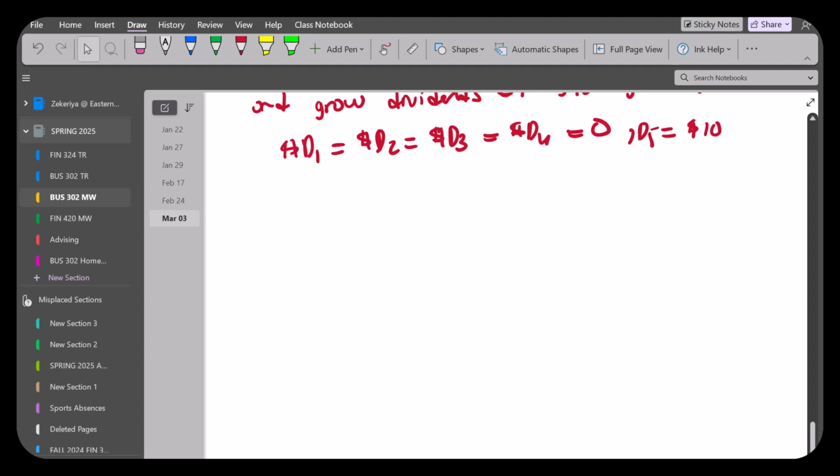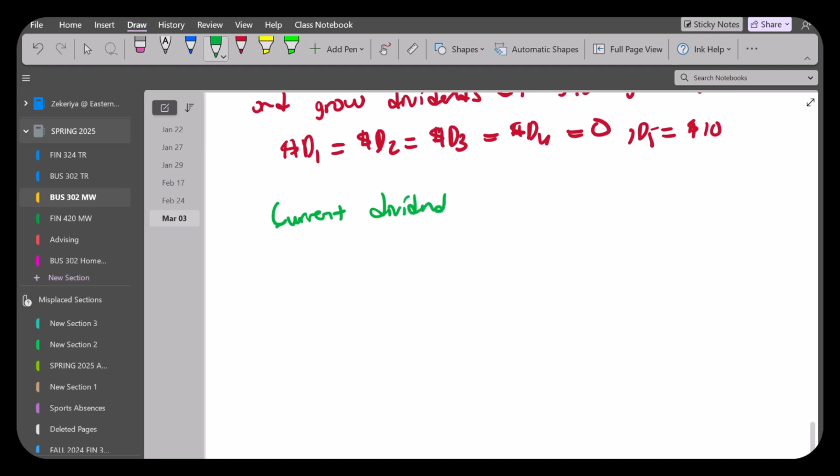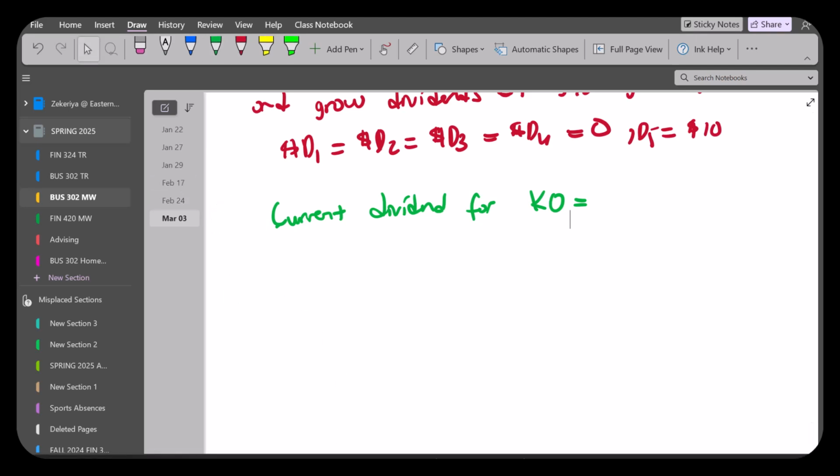So current dividend for Coke, what did you say that number was?